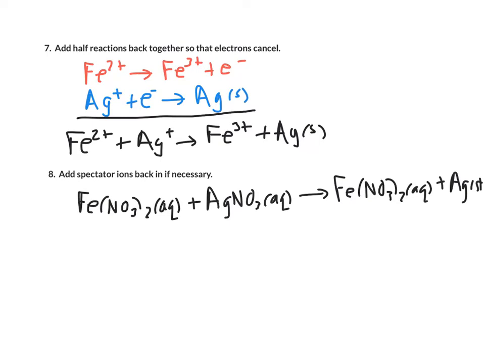And you'll notice that, in fact, the reaction was balanced as written, but this is an illustration of all the steps that we would need to go through to balance a redox equation.